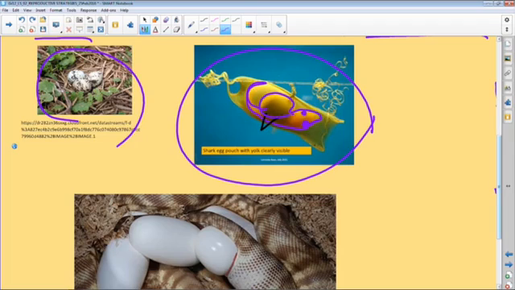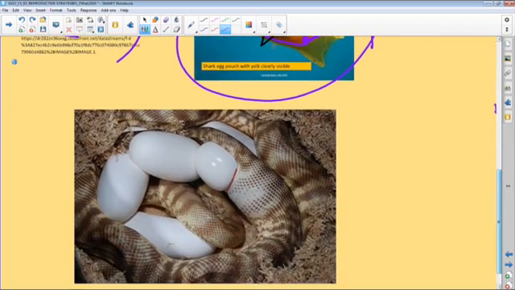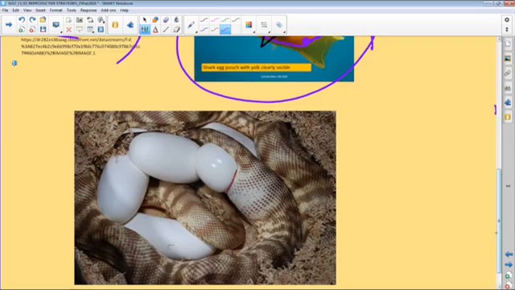Now, we have this, a snake. Okay, now, I've put the snake here. I just want to know if I'm wrong or if I'm right. Because in the beginning of the show, I said to you that ovoviviparous is some snakes. Okay, think about it.